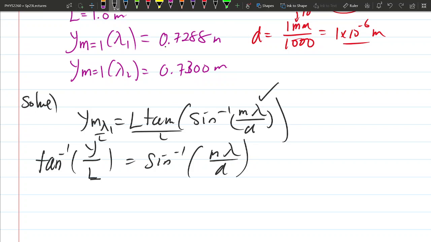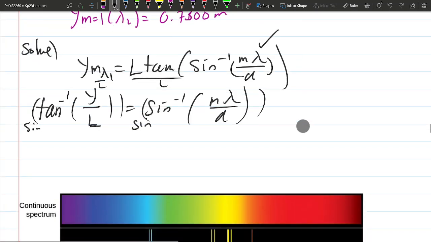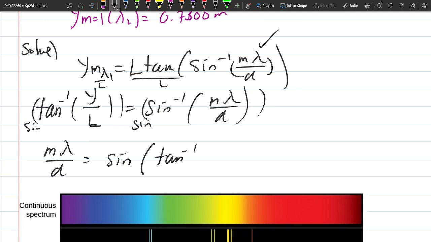And then to reverse the inverse sine, you just do the sine function. So you take the sine of both sides, right? And that'll get you to the point where I'm going to put the stuff on the right on the left here, and the stuff on the left is going to be sine of the inverse tangent of y over L, right?